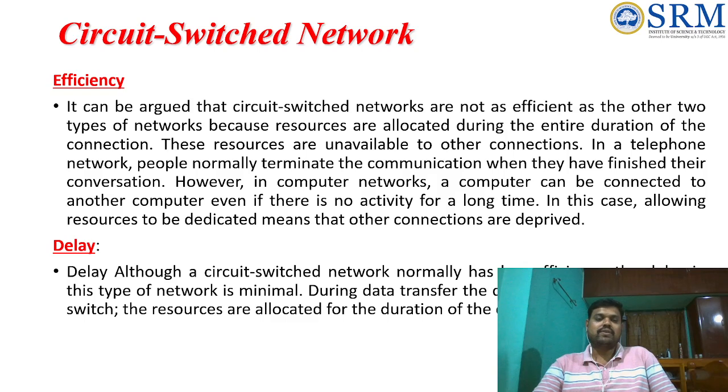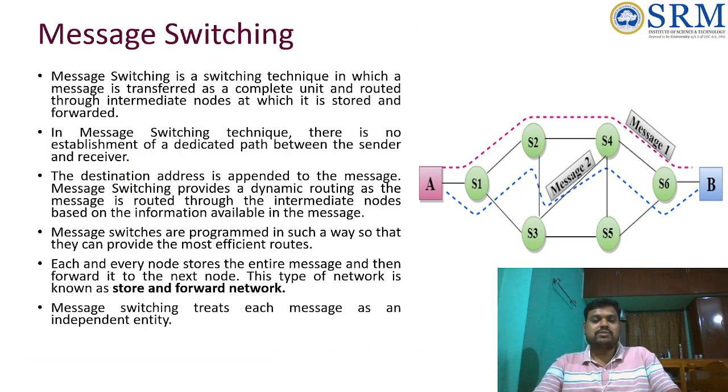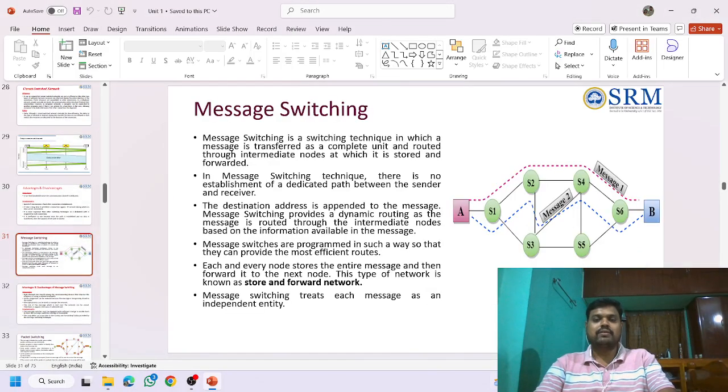So it is not efficient compared to a packet switch network. Delay is also high compared to a packet switch network. The message switching and other things we'll discuss in the next course.